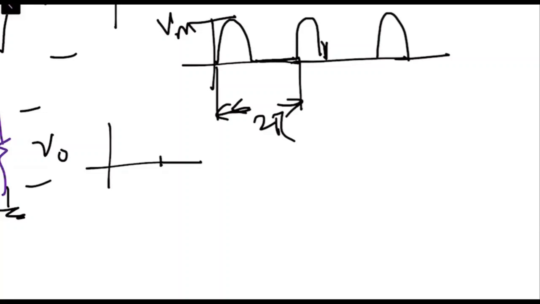So if we want to see what is the average value of the output which we are obtaining over here, how can we find the average value? V average over the duration of 2 pi. Anyone?